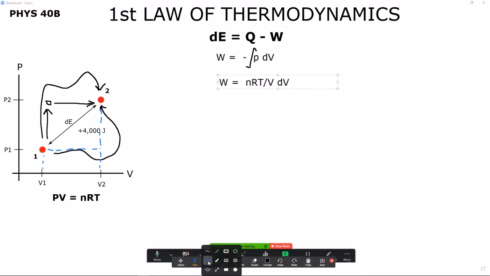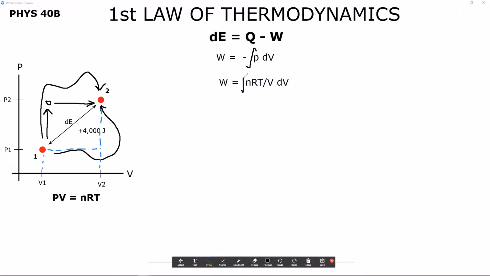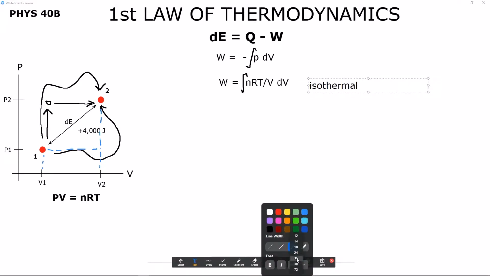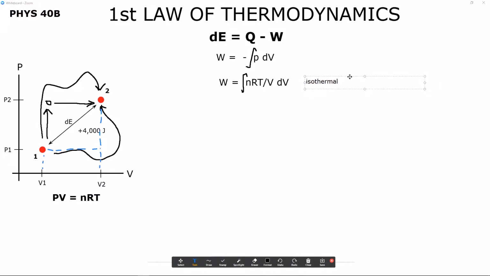It's still an integral, so not looking entirely simple yet. But if we take this to mean that this is an isothermal case where n, R, and T are all constants, then this becomes quite a bit simpler because we can pull these out.